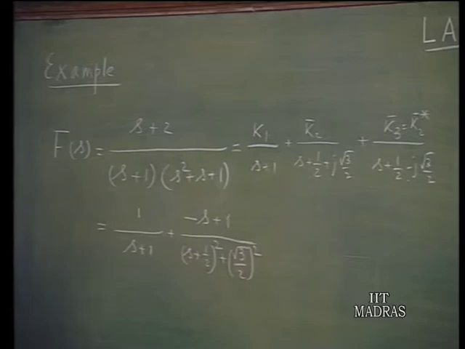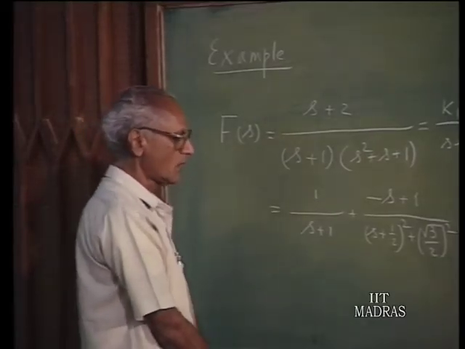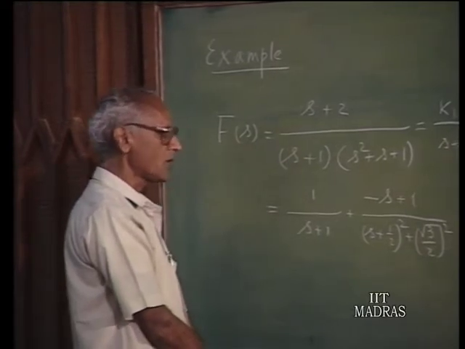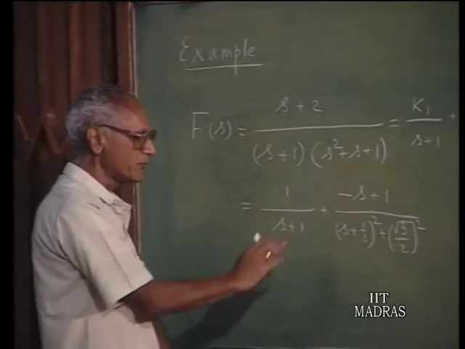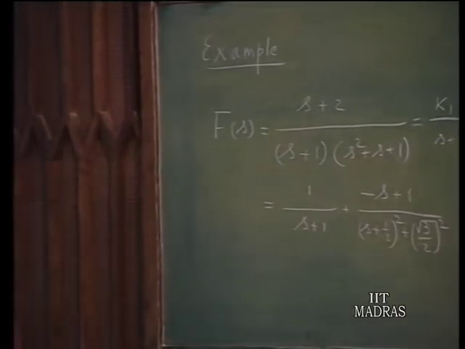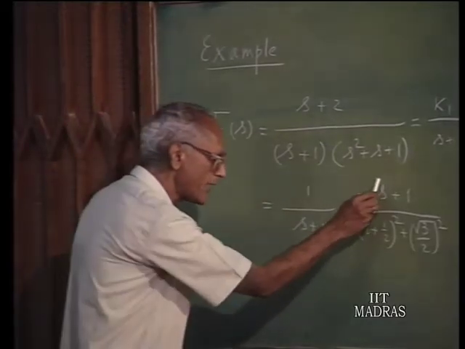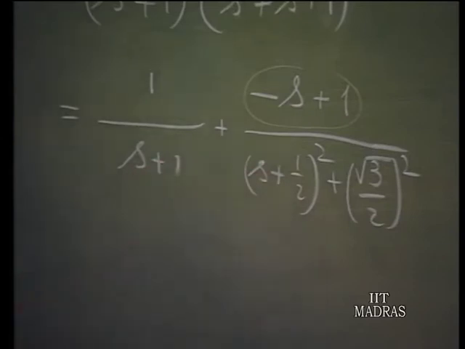After having done this, you recall that the inverse Laplace transform of (s plus alpha) over (s plus alpha) whole squared plus omega squared is e power minus alpha t cos omega t. Therefore, we should like to express this as a linear combination of s plus half as one term and root 3 by 2 as the other term.